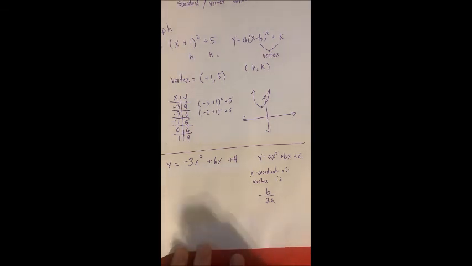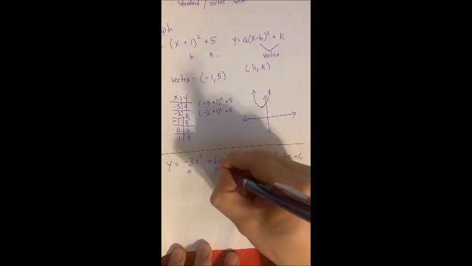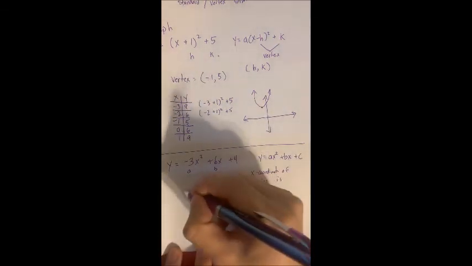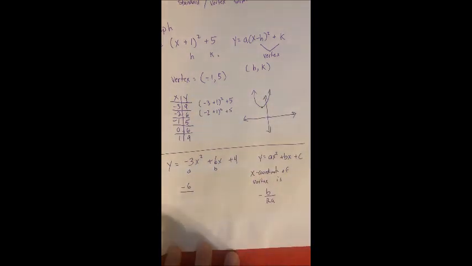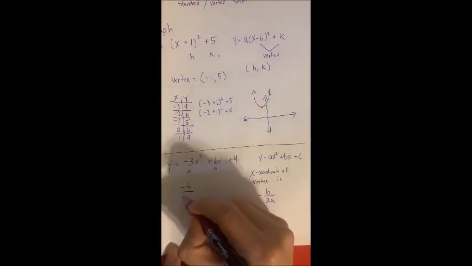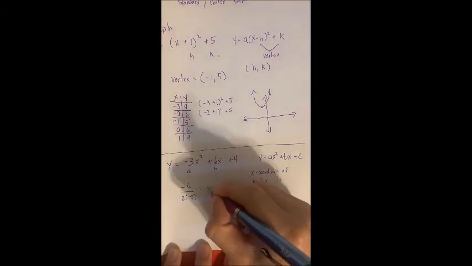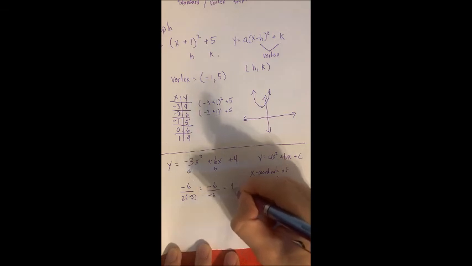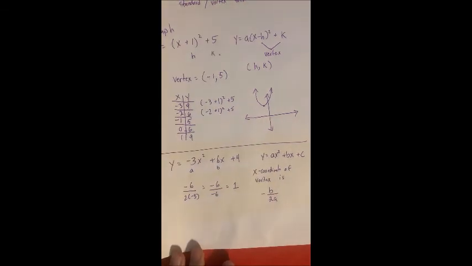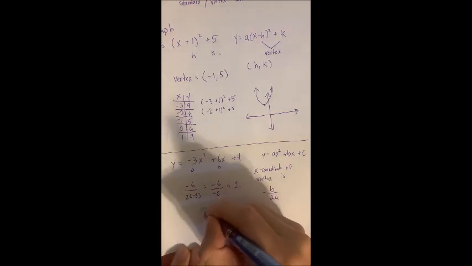So let's go ahead and do that. Negative b over 2a. Well, this is a and this is b here, so it's going to be negative 6 over 2 times negative 3, which is negative 6 over negative 6, which is just 1. That's going to be our middle point right here, the x coordinate of our vertex. So let's go ahead and create our table.